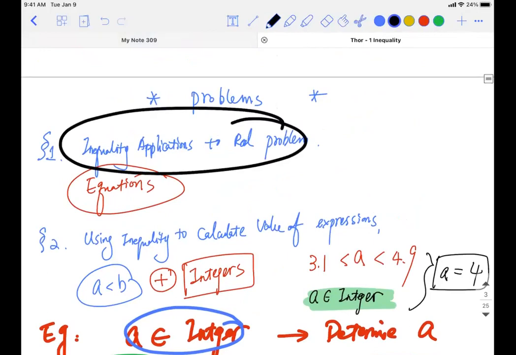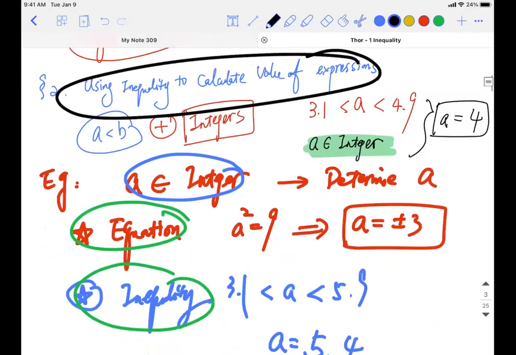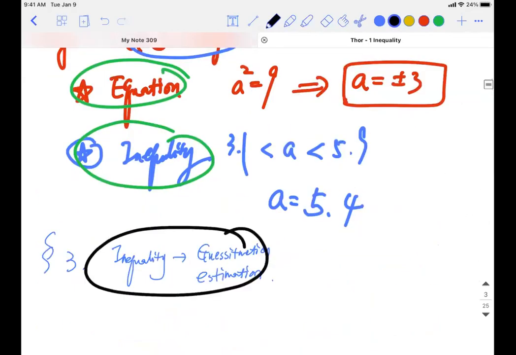The first one is a real application to solve real problems. Category 2 is we're going to use inequality to determine the value of an expression. And category number 3, we're going to use the inequality to do some guessing, to do some evaluation, so on and so forth. Okay, so this is a big direction of what we're going to be talking about.